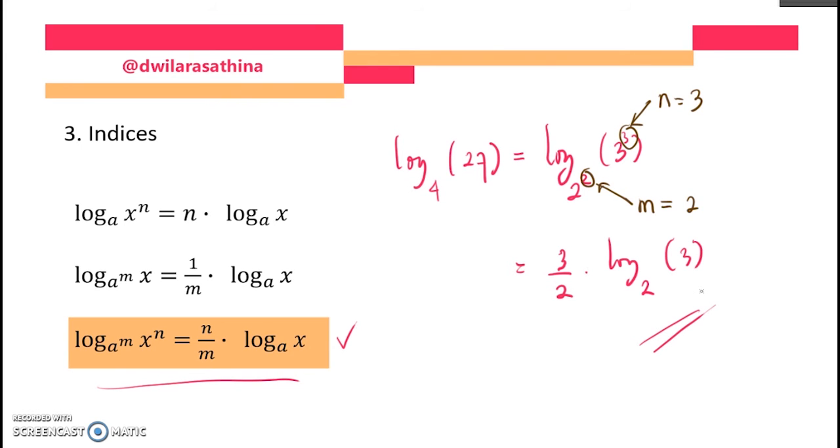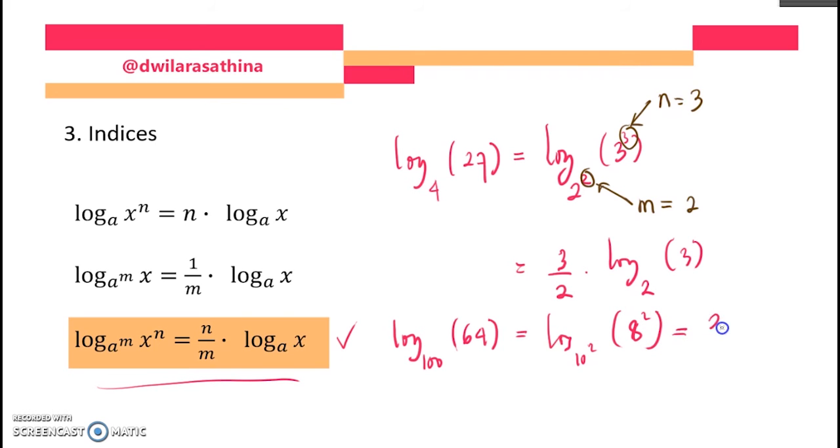Okay, let me check your understanding for the second time. If I have log 100 of maybe 64, in this way, you can write 100 as 10 to the power of 2, right? Then 64 is 8 to the power of 2.